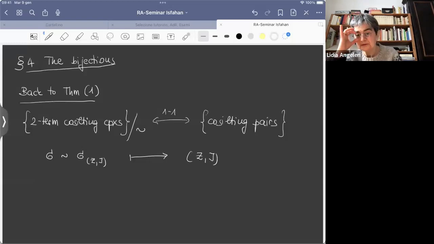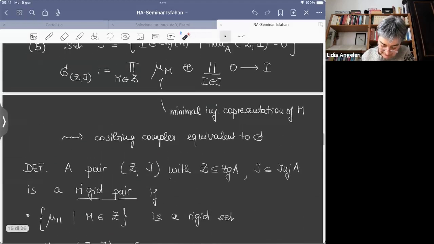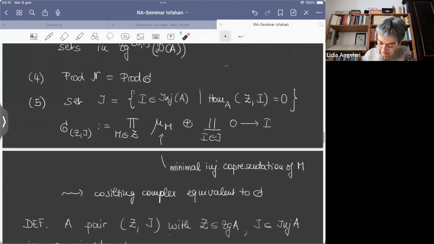And so I hope I could convince you that it is well defined, because sigma is equivalent to such a complex, and then I have a corresponding cosilting pair. And in the other direction, if I start with a cosilting pair, I can form this complex, sigma_(Z,I), just by taking these guys.